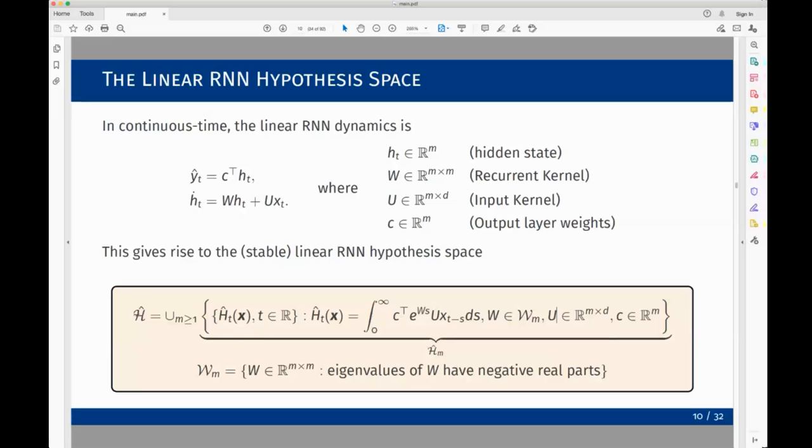So this h hat gives us the linear RNN hypothesis space after we decide the size of the hidden state m, and it is the union of all the possible m's.